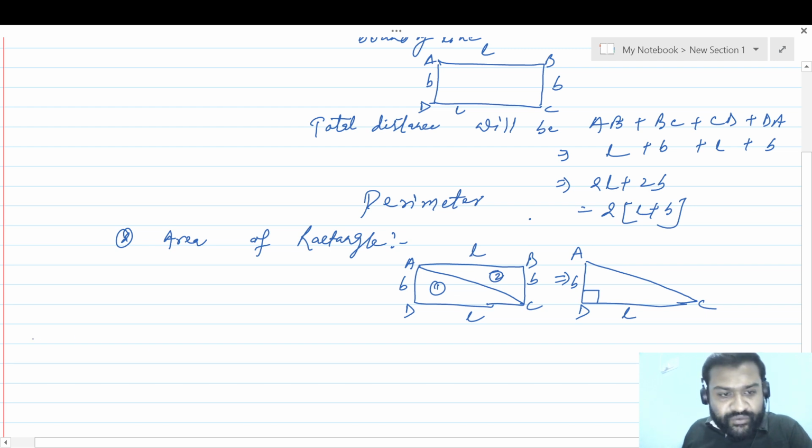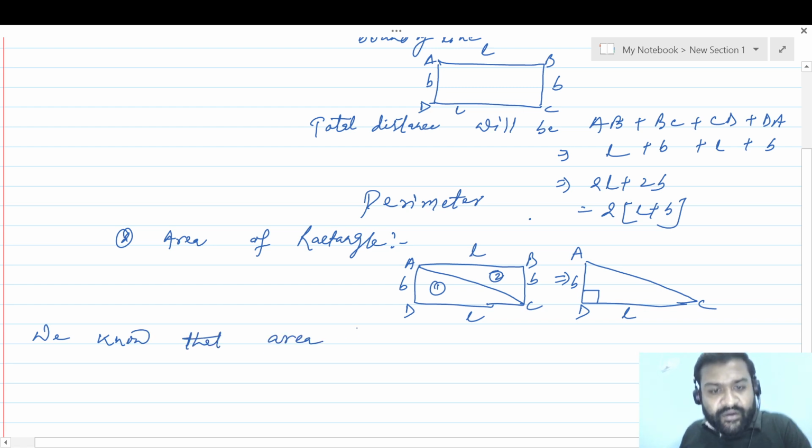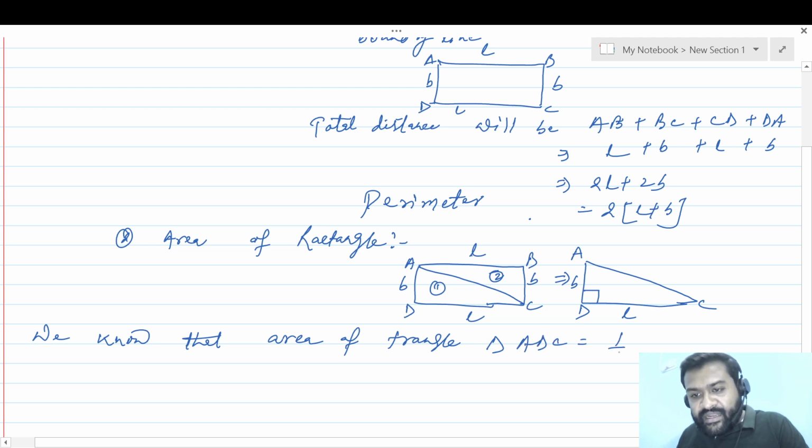We know that the area of triangle ADC is equal to half base into height. So 1 by 2 into base, which is DC, multiplied by height, which is AD.